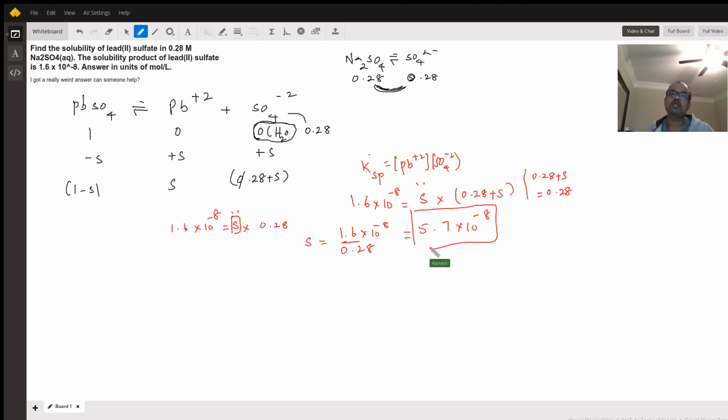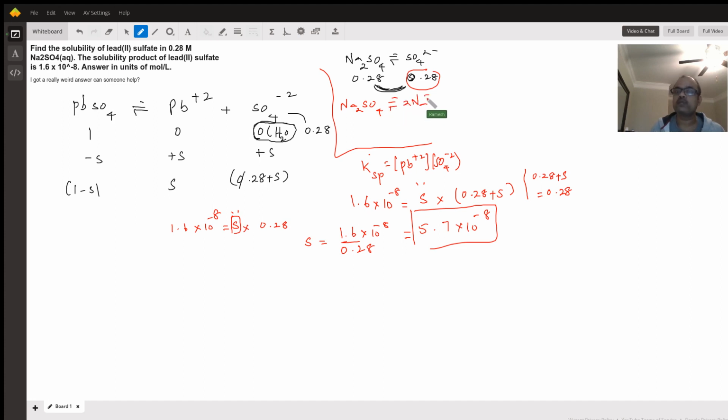So this is the molar solubility of lead sulfate. You need to understand why this is 0.28, because sodium sulfate will dissociate in water producing sodium ion and sulfate ion.